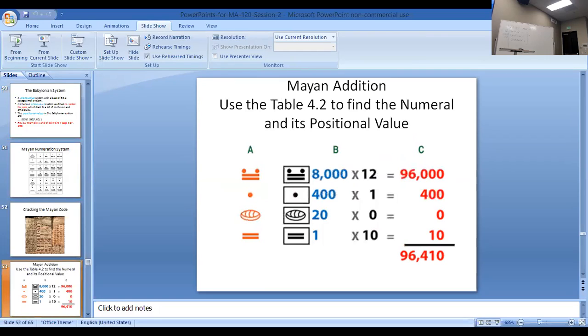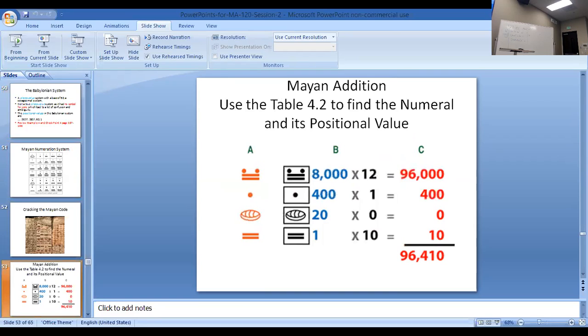Now, that dot is in the third position, so you multiply it by 18 times 20, 360, or I rounded up to 400. That oval shape is in the second position, so we multiply it by 20. And the last number is in the first position, we multiply it by 1. I mean, its positional value is 1.